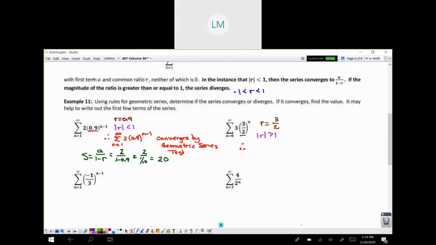Therefore, the sum from n equals 0 to infinity of 3/2 to the n diverges by the geometric series test. So I'd like you to work on the other two examples, and we will talk about those in class tomorrow.